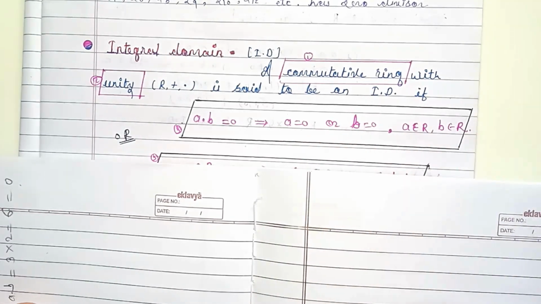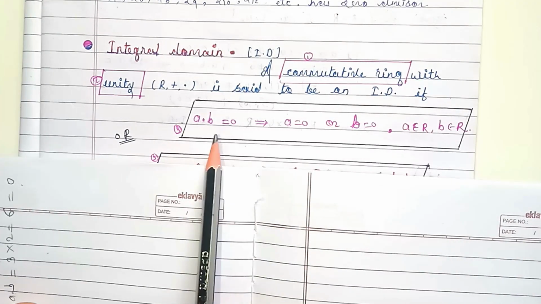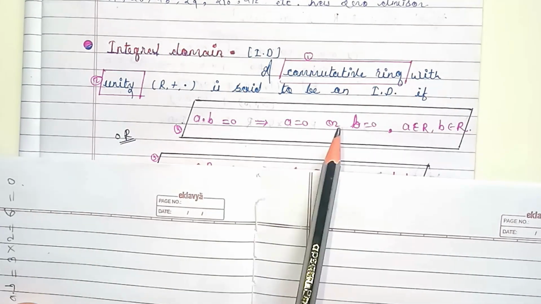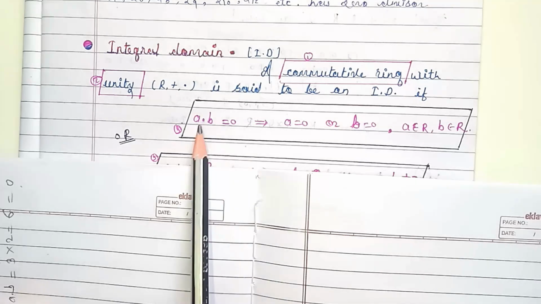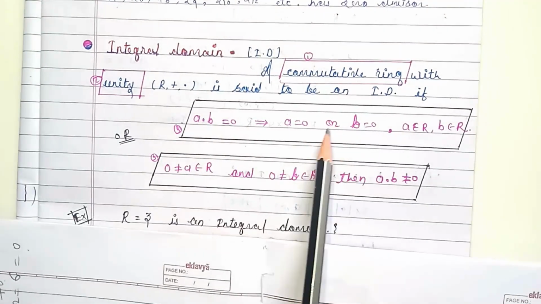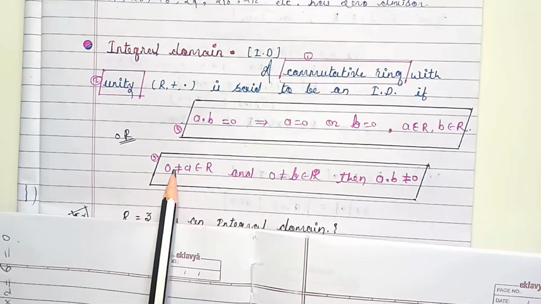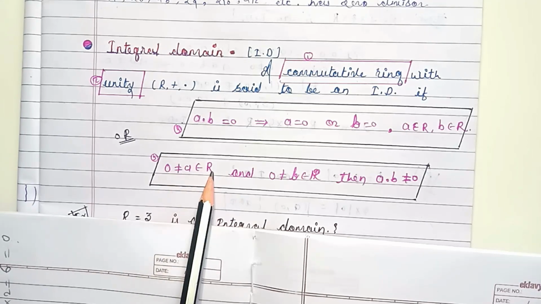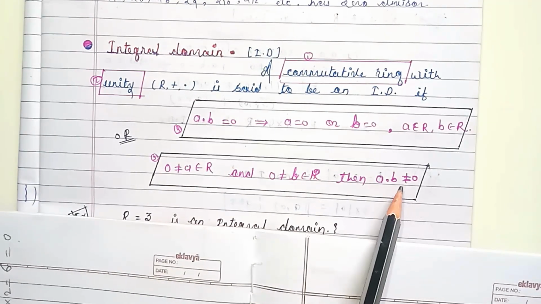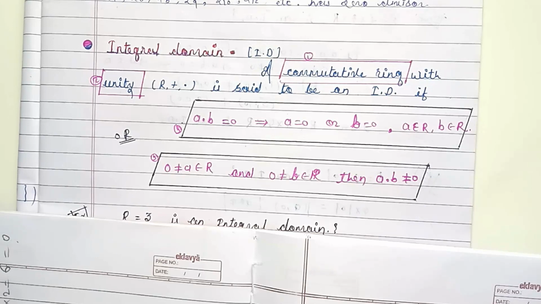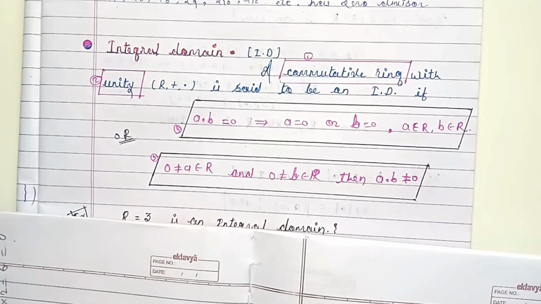Or we can write it one more way. In that definition, if a dot b is non-zero, then a is non-zero and b is non-zero. If their product is non-zero, then a is non-zero and b is non-zero too. So here is the second definition: a non-zero from the ring, b non-zero from the ring, then their product is also non-zero. Now see, this is the opposite: one side is the integral domain and the other side is the zero divisor.